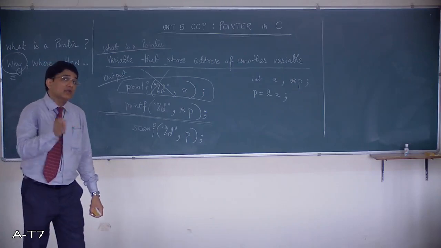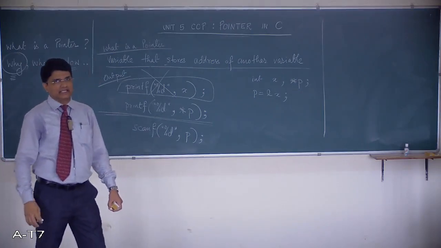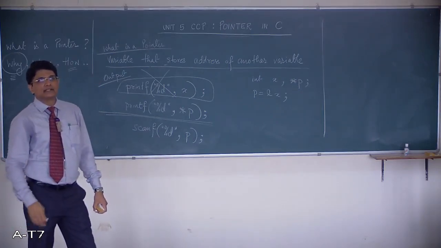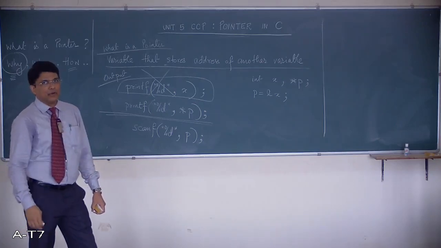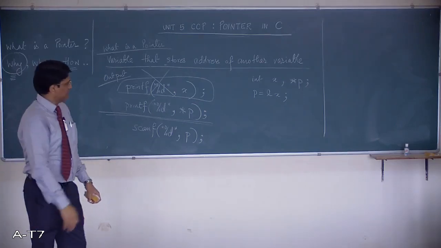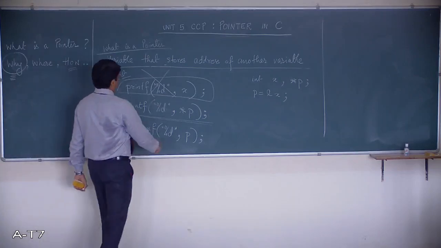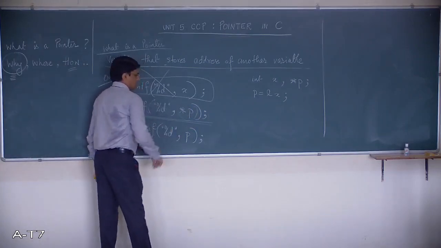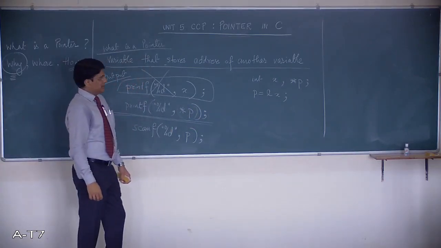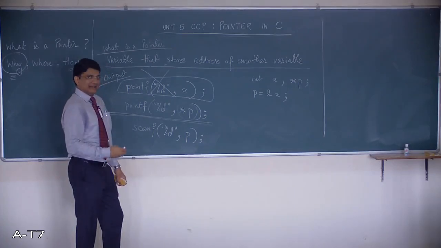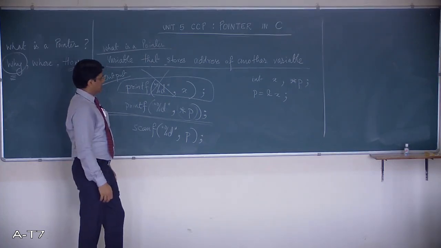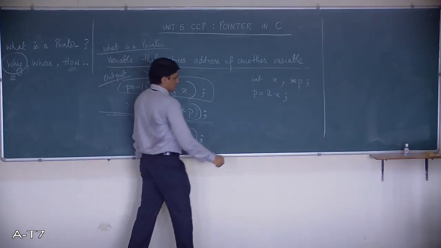Star p refers to the value which is stored inside the variable x. That's exactly called dereferencing a pointer. The star symbol, when we use it along with the pointer variable, is called dereferencing the pointer variable.